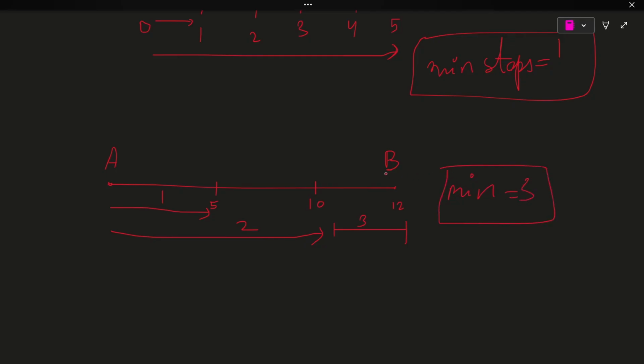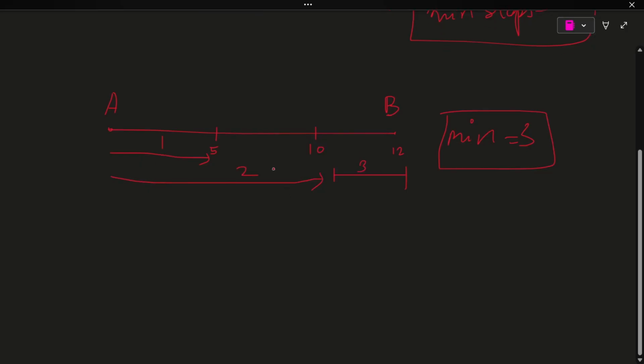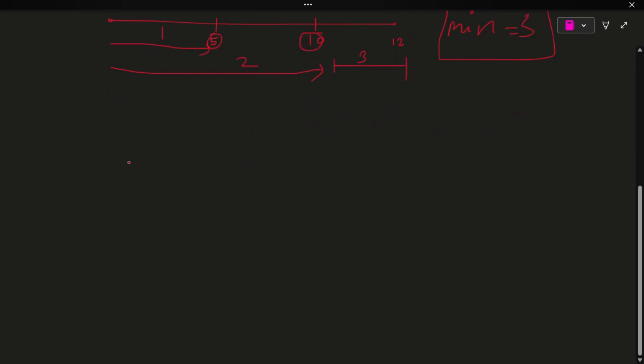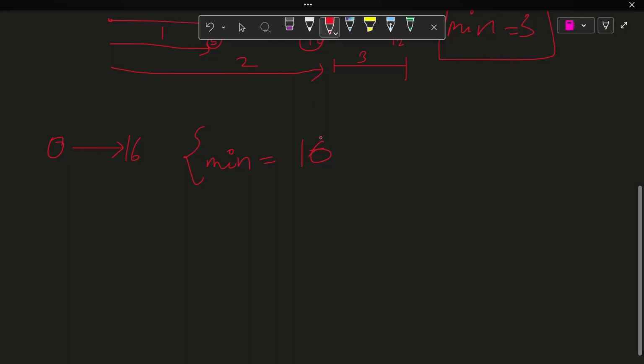So I think you guys can also see a pattern that the elephant can move maximum in multiples of 5. And if there is anything remaining after that, we add one more step to it. Like let's say we are given 16, from 0 to 16. So in this case, we take 16 divided by 5.